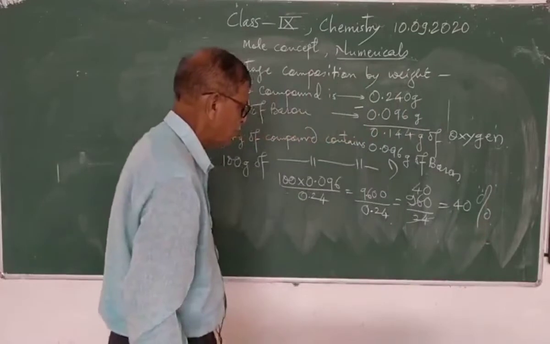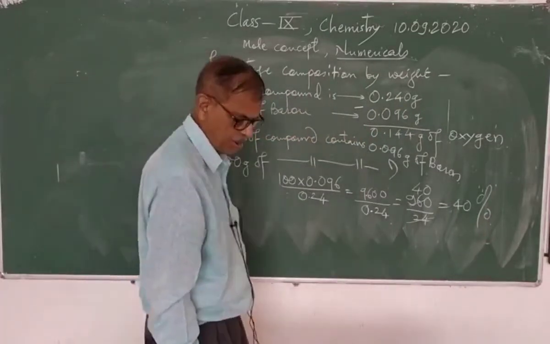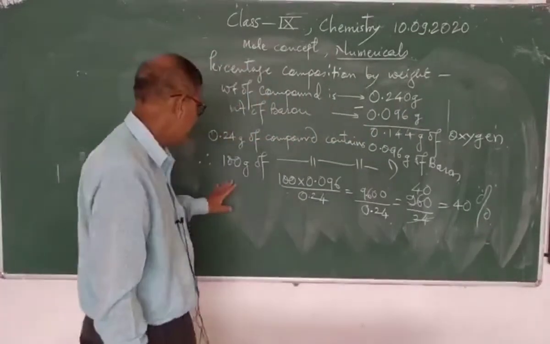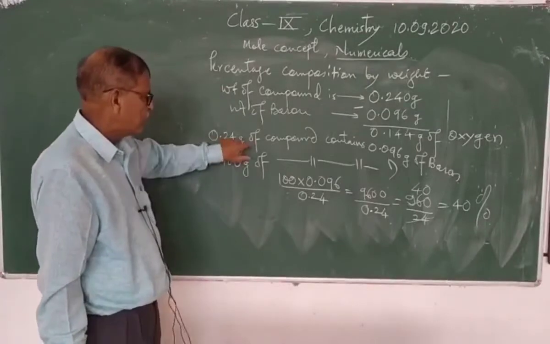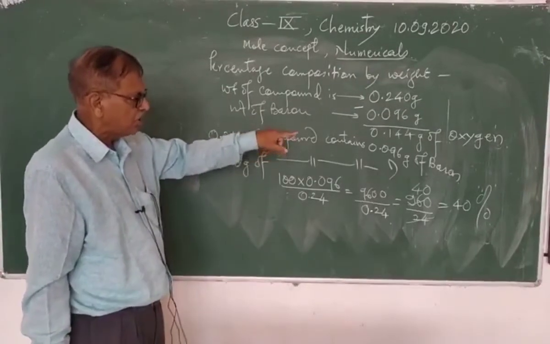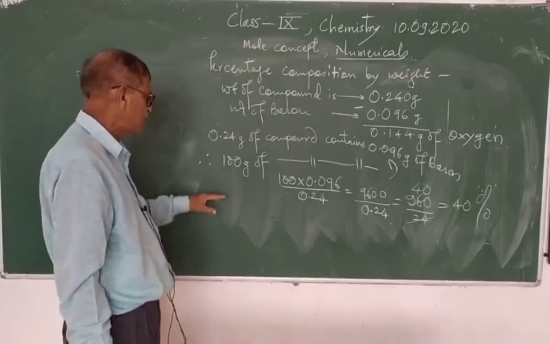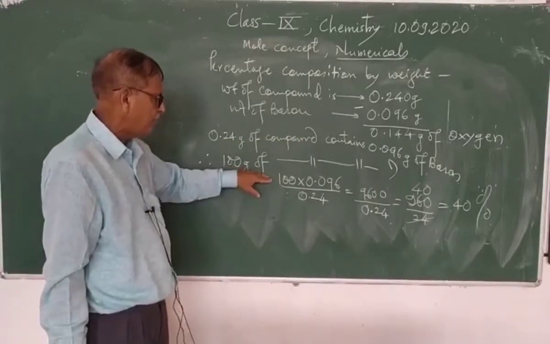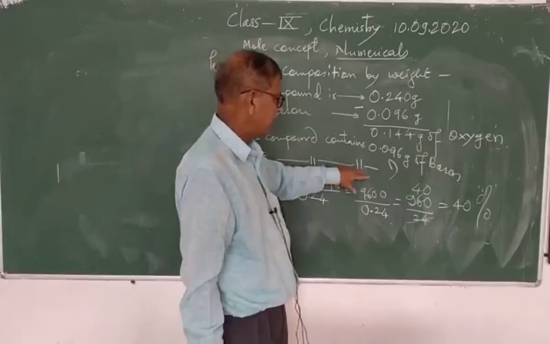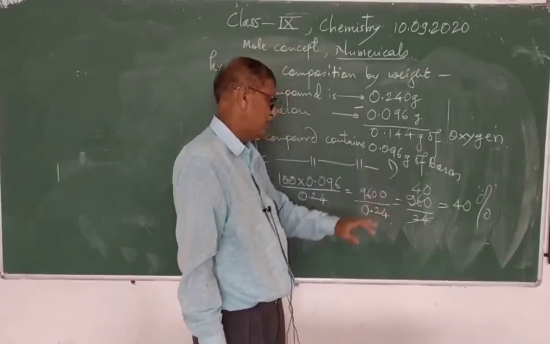Percentage composition of boron is 40. Have you got the idea? 0.24 gram of compound contains 0.096 gram of boron, and therefore 100 gram of compound will contain this much quantity, 40.